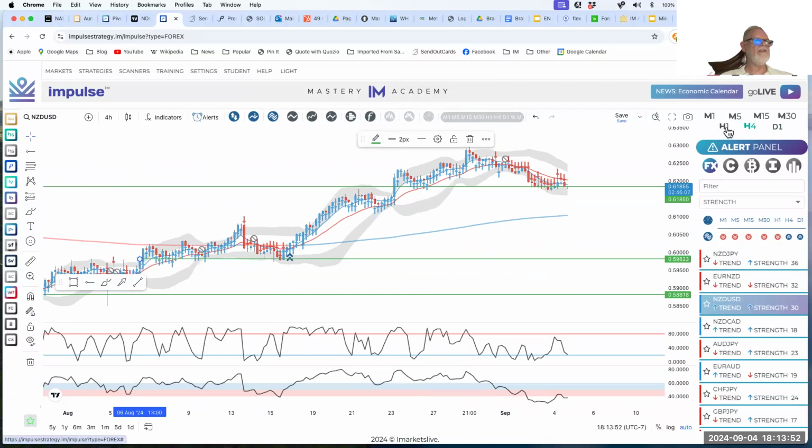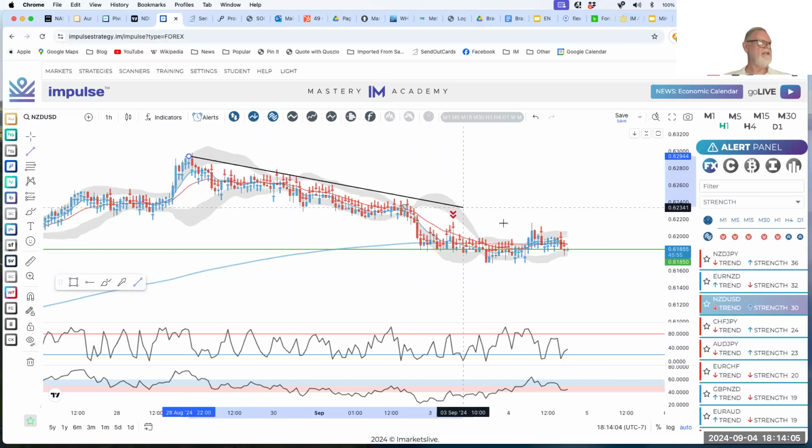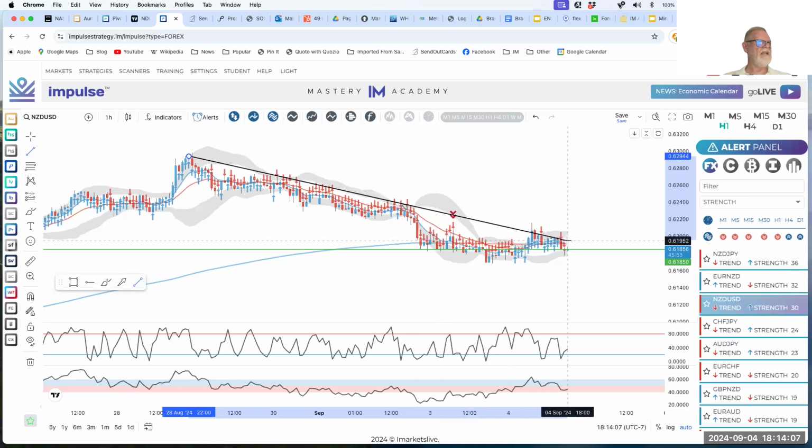And as we go down these higher time frames, we can see if there's other areas of support going on here. We also have a trend line going down here on the 1 hour. So we'll be looking to that. If it starts breaking up above that trend line, we might see another push up to the upside.